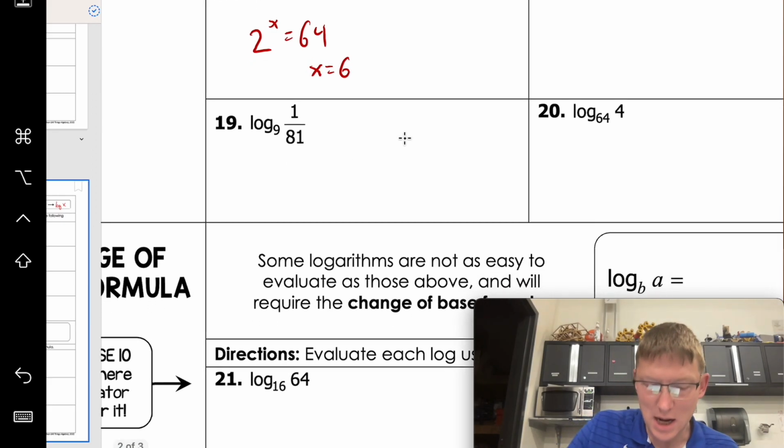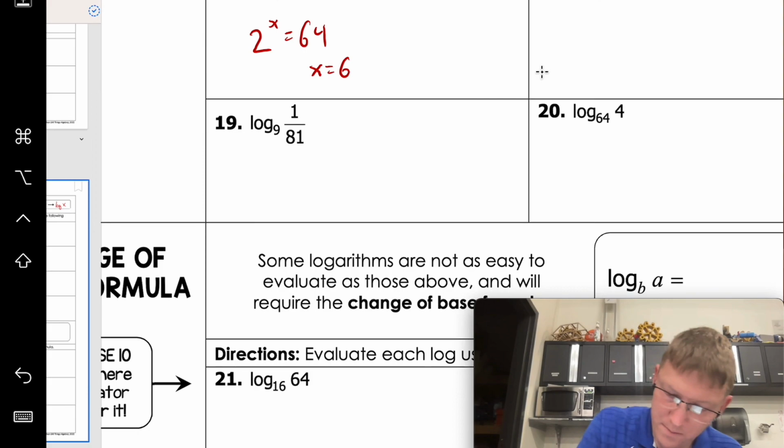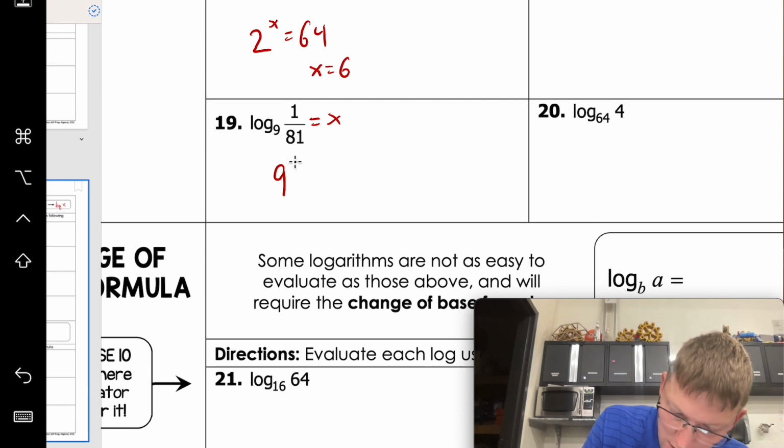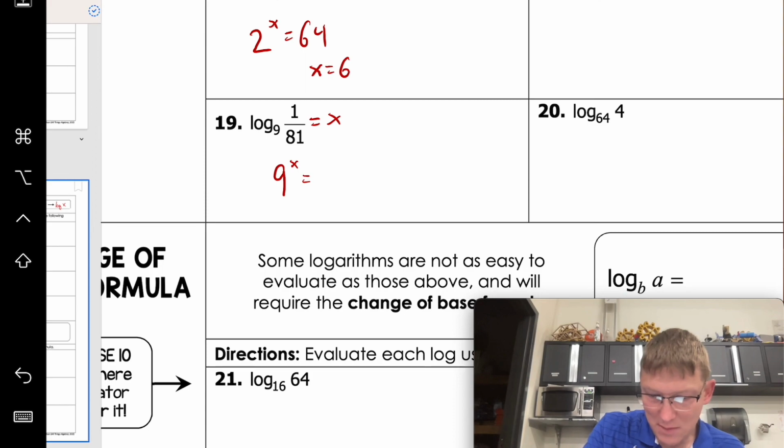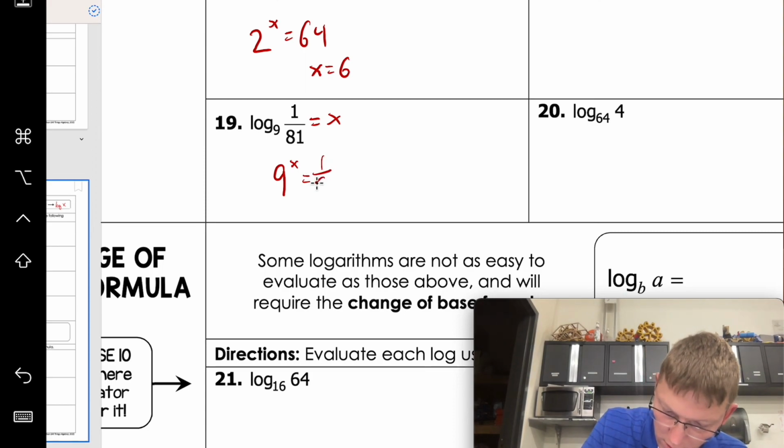So log base 9 of 1 over 81, again, we're going to say that equals x. 9 is my base, raised to the power of x equals 1 over 81. I immediately see that this is a fraction, but that's not too big of a deal.